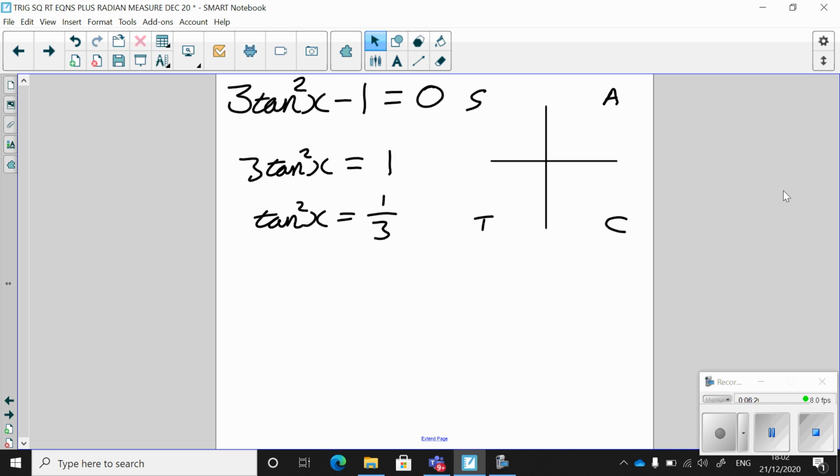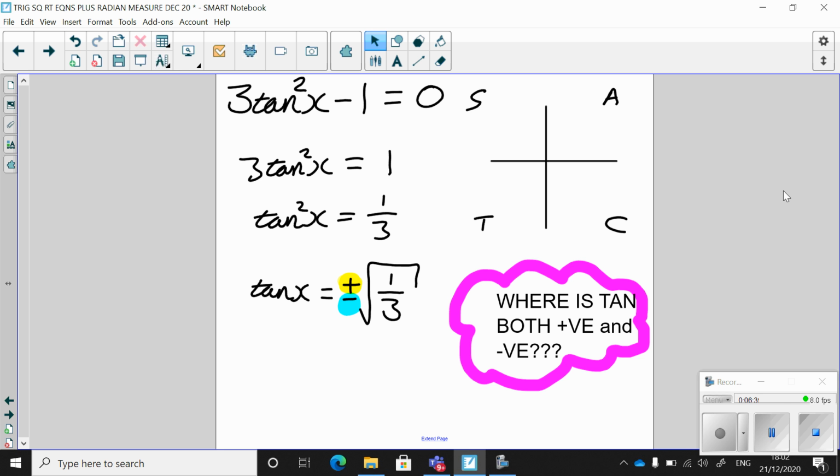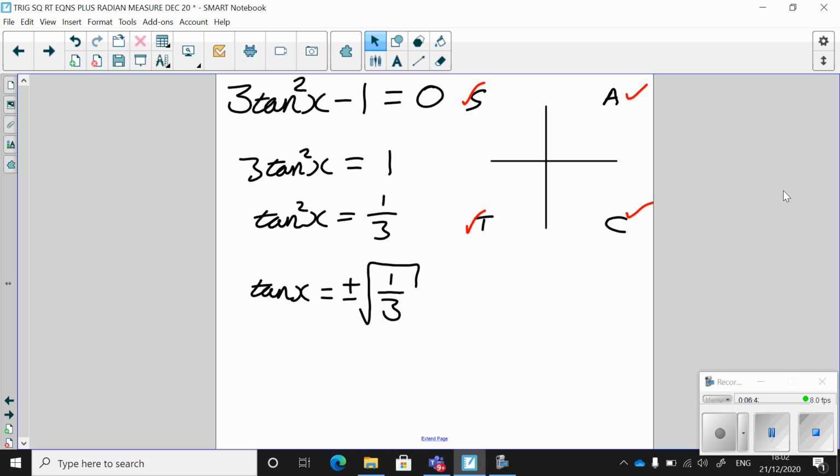There you go. Get rid of the square, take the square root of both sides, and remember, just like in the last example, it's going to be positive and negative. Okay, and we know we're going to be ticking all 4 quadrants here. Right, so where's tan both positive and negative? All sine, tan, cos. There you go. And there's your little formulas. They never change in this quadrant system here.